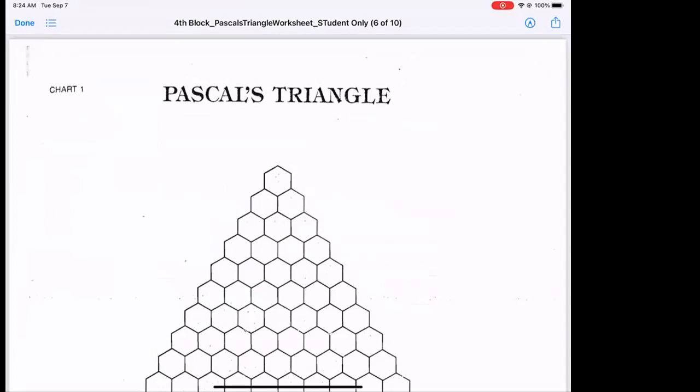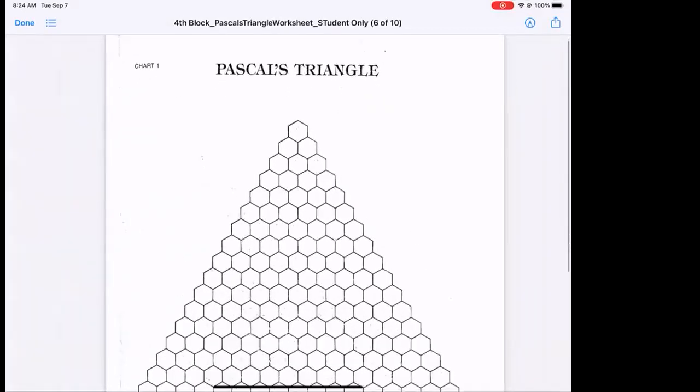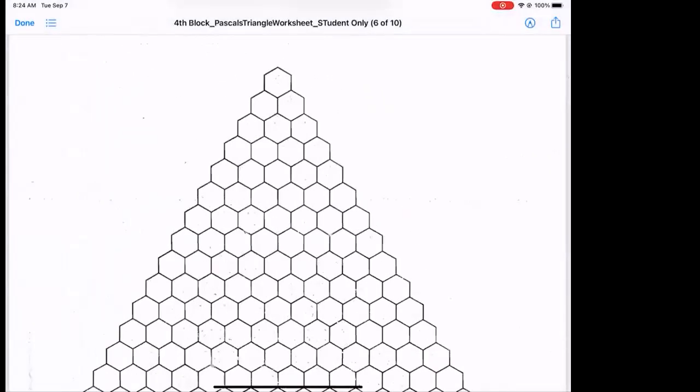The way that we're going to construct Pascal's triangle, and the way that you can construct it, is going to give you the coefficients for expanding your binomials.